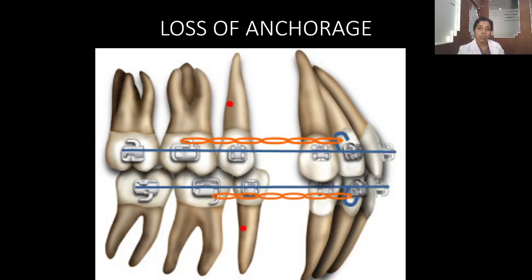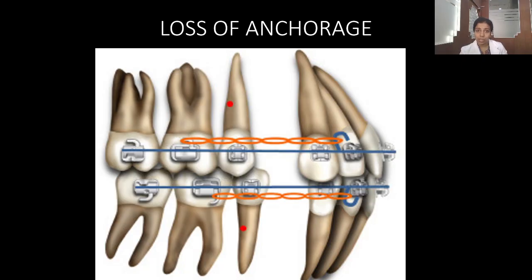So in this picture, the posterior segment, the second premolar, first molar and second molar, are acting as the anchorage unit. What are we expecting in this situation? We are expecting this anchor unit to be stable and the anterior segment to move at least 75% to close the extraction space.